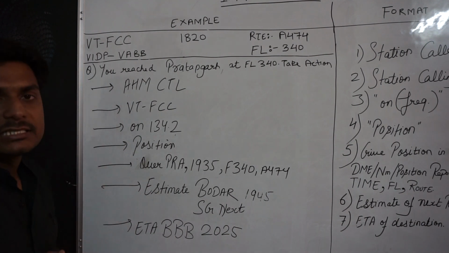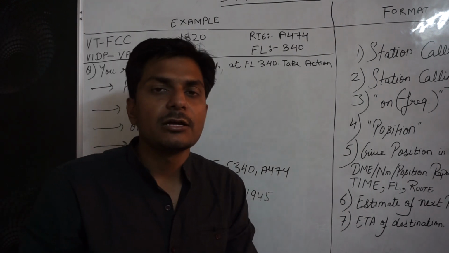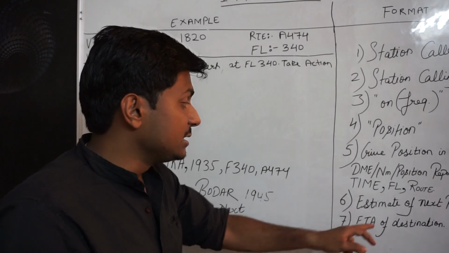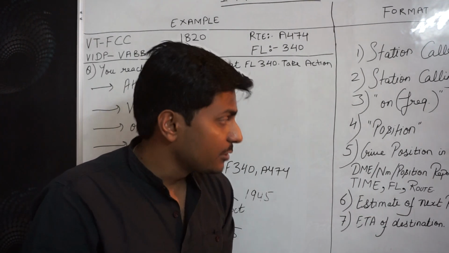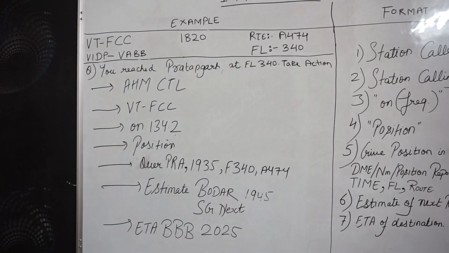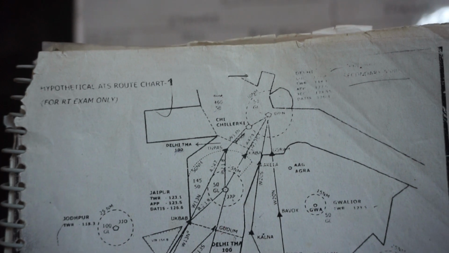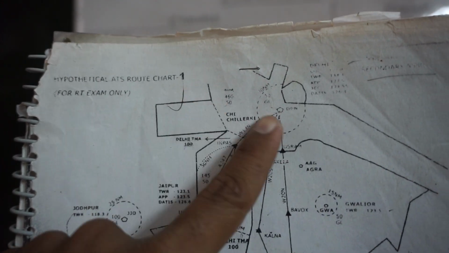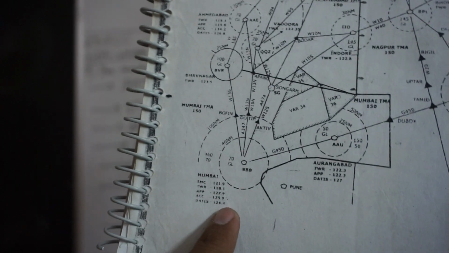Let's go to the map and find out which ATC you have to contact and what the next reporting points are. So this is your map, chart number 1. Chart number 1 has Delhi and Mumbai.